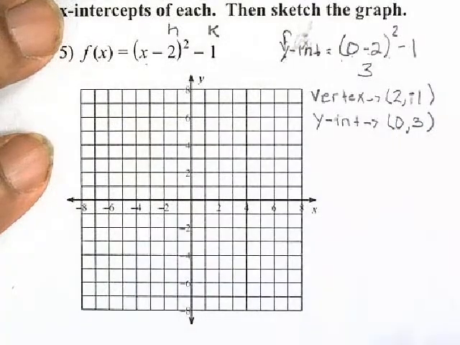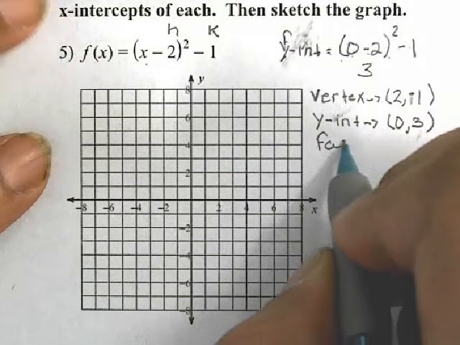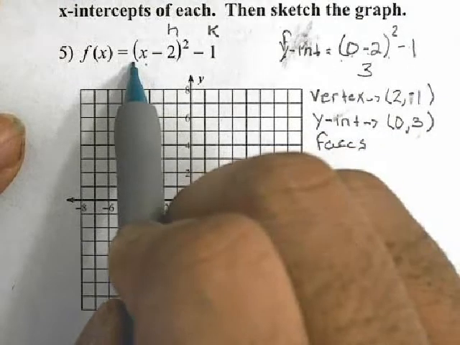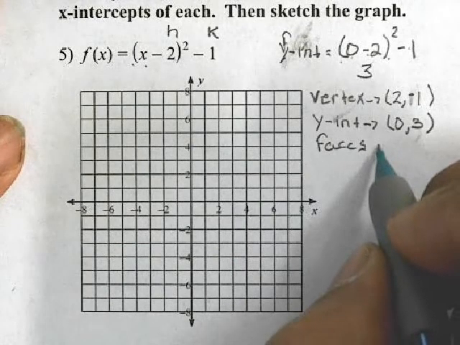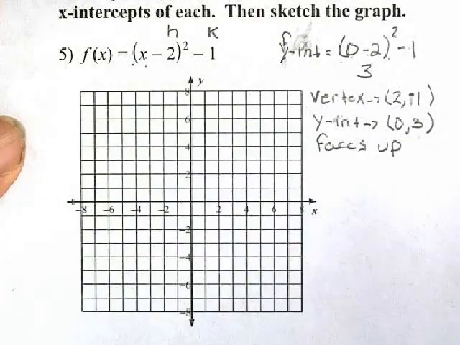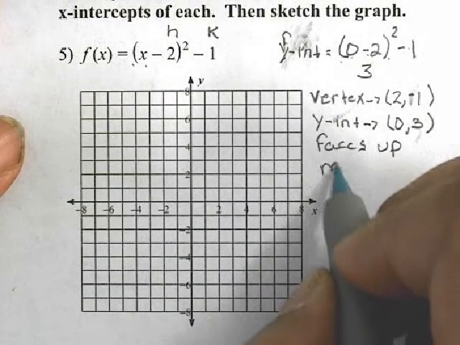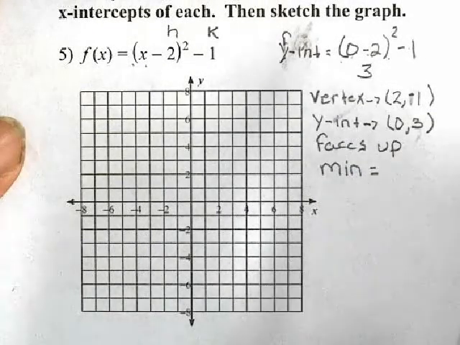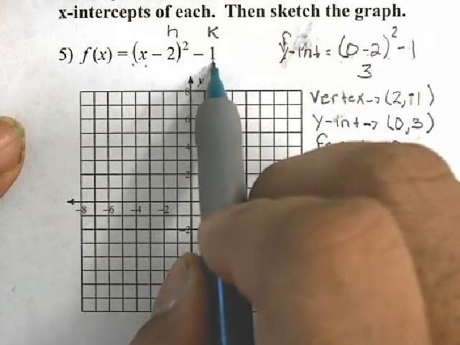Now, the next thing you need to know is how it faces. This one faces up because a is understood to be 1 here and it's positive. So if a is positive, it faces up. If it faces up, that means you have a minimum value, and it's at k, whatever k is.